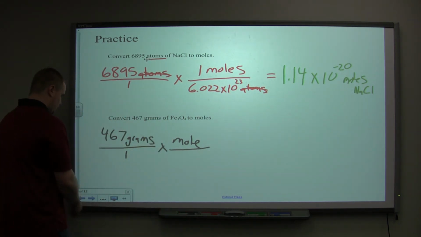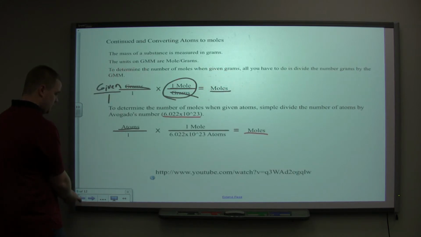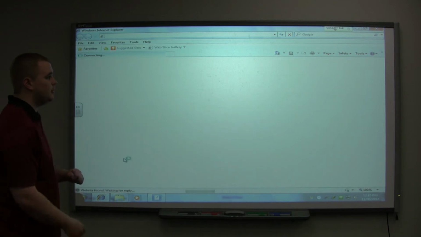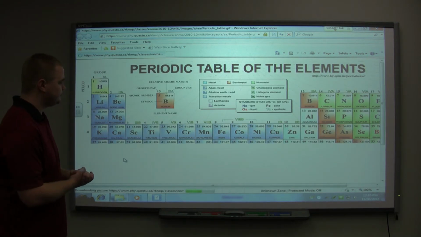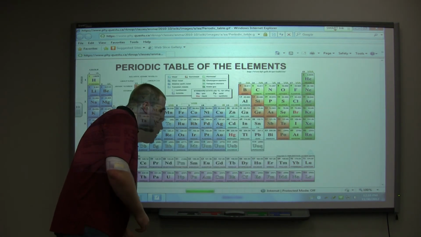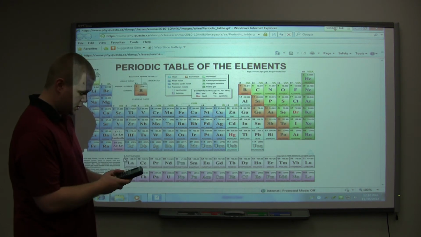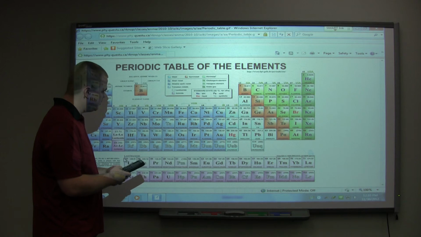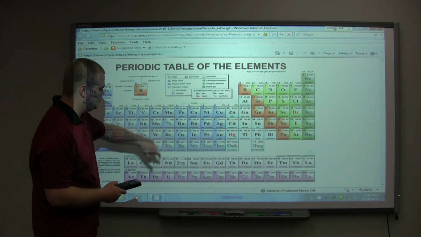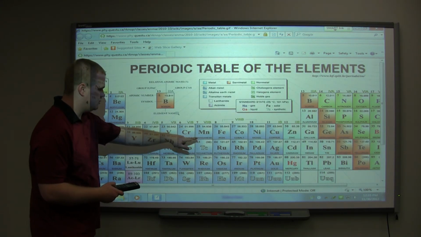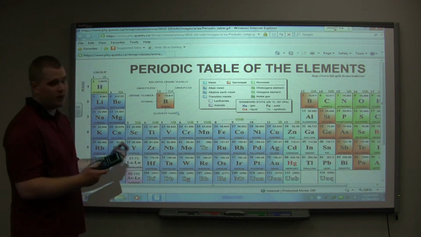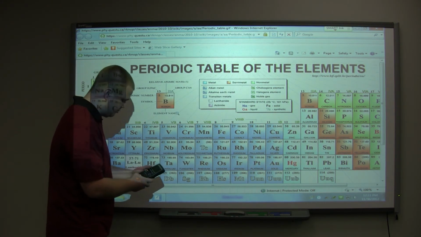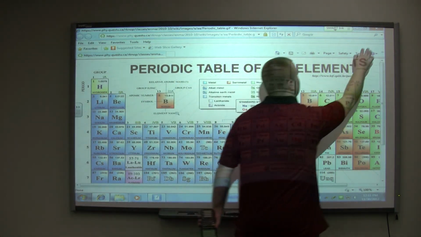Fe3O4. Well, we go back to our periodic table. Gram molar mass of iron is 55.8, right there. 55.845. You can leave it at 55.8. And there's 3 of those. Remember that.